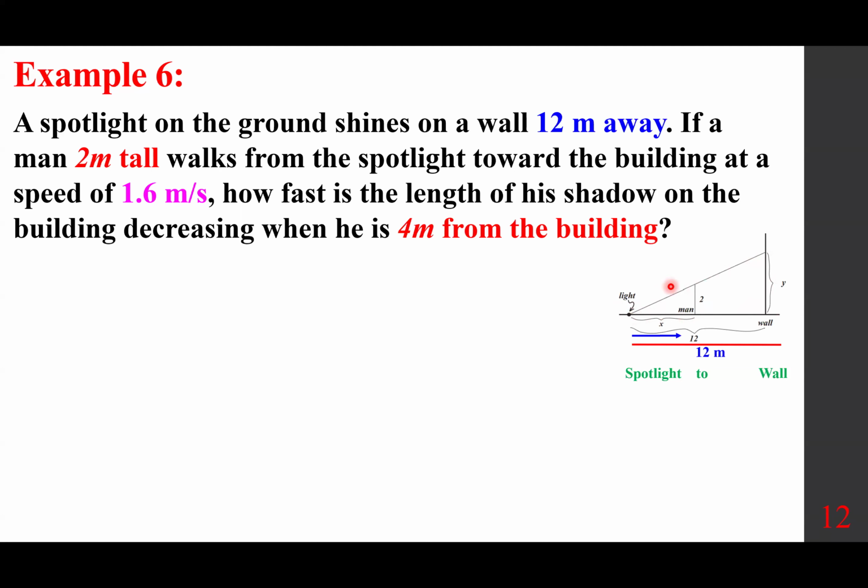As you can see, this thing actually moves down, it shrinks. That's why they say decreasing. So the man is 2 meters, and the whole thing is 12 meters to be covered. As he moves, he covers x amount. His height is 2. And at the moment that he covers x amount, the shadow is y amount.